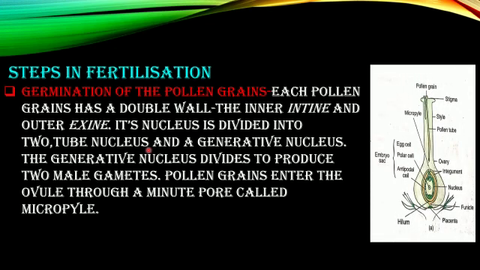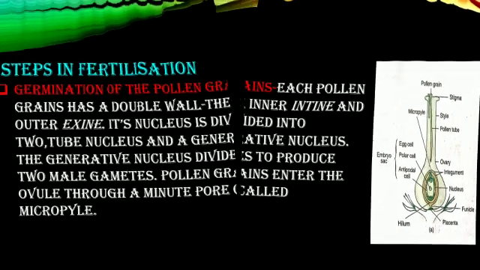Now, there are some steps in fertilization. First, germination of the pollen grain. Each pollen grain is received by the stigma and germinates. Each pollen grain has a double wall. The outer wall is called the exine and the inner wall is called the intine.